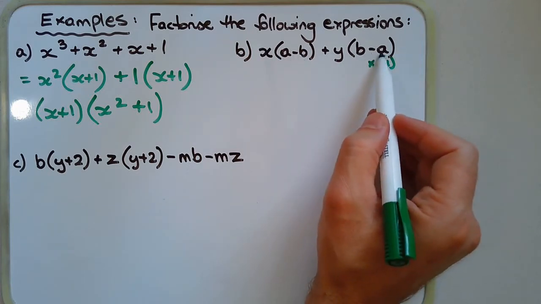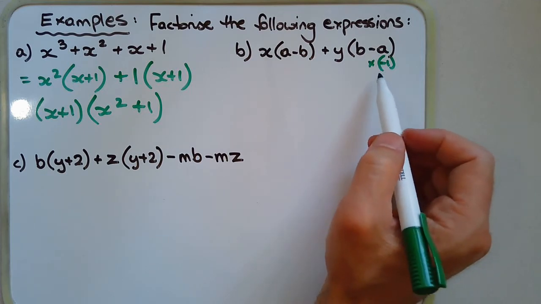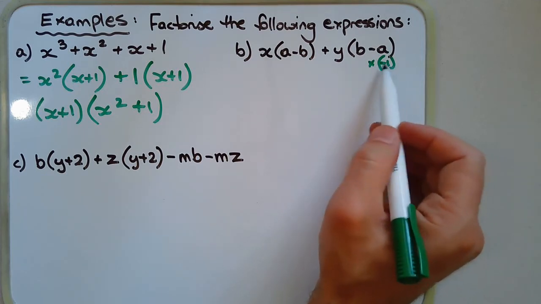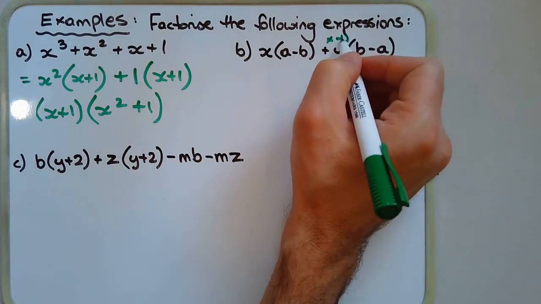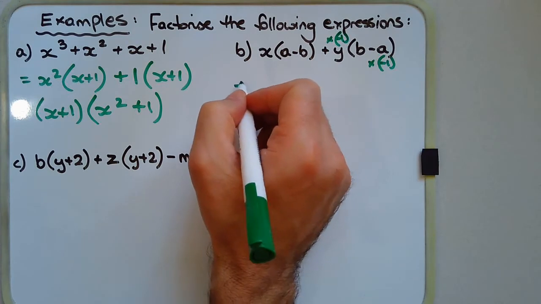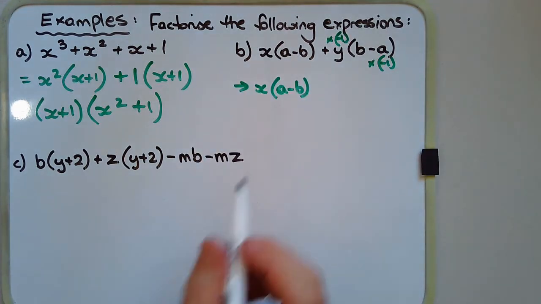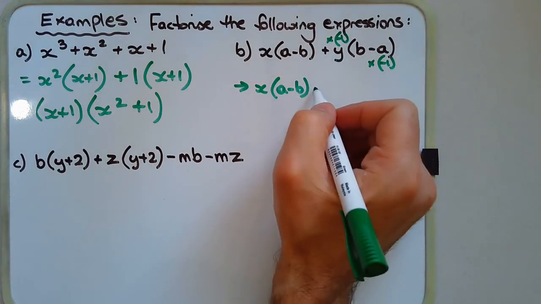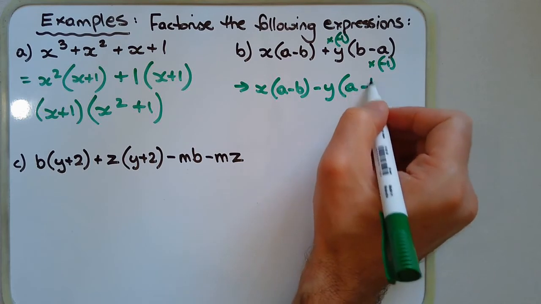That'll make negative a positive, since negative a times -1 gives you positive a. But then we have to undo this multiplication by -1 on the outside. So we're going to multiply the y by -1 as well. So what we end up with is x outside of a minus b, so nothing happens there. But then instead of plus y, it becomes minus y outside of a minus b.